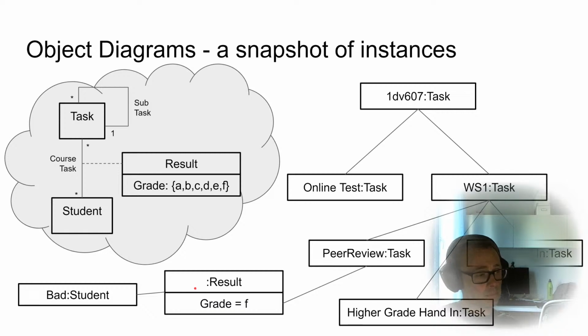It does not have a name. It just is an object of type result. The grade is unfortunately F, and it was for the peer review task that this bad student failed. So this again shows a snapshot of the objects and how they are arranged at a point in time.